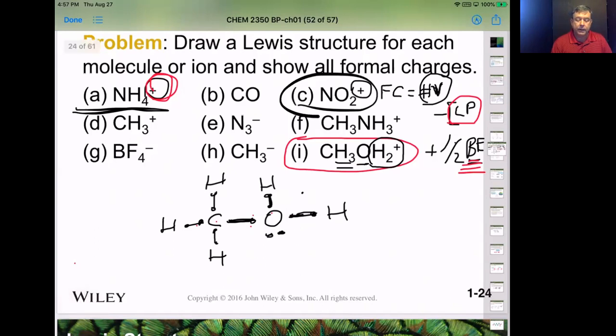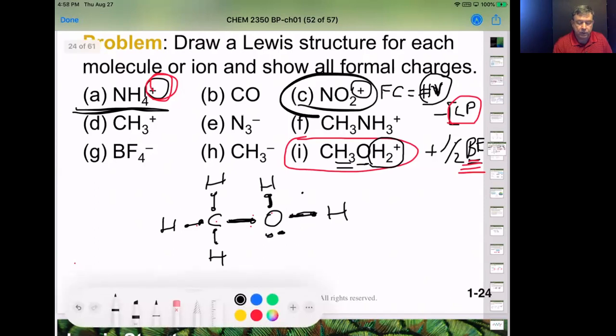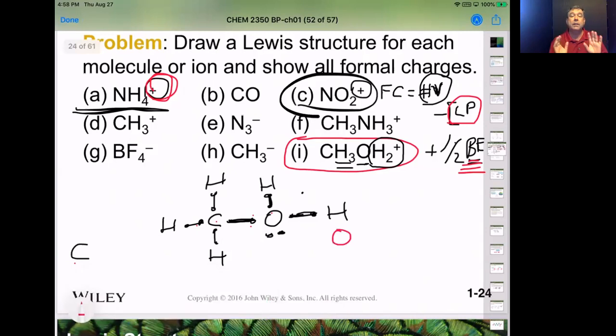We're not going to calculate the formal charge for hydrogen because we only have 2 electrons in each of those. What we're going to do is calculate the formal charge for carbon over here, and for oxygen over here, and see where that positive charge is.